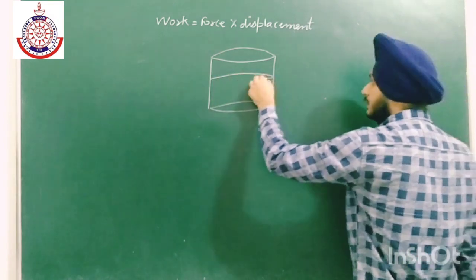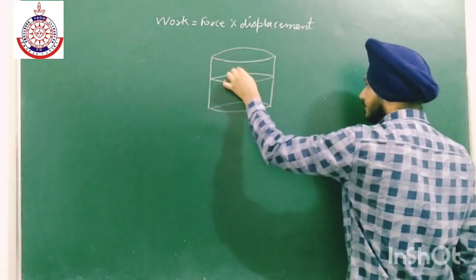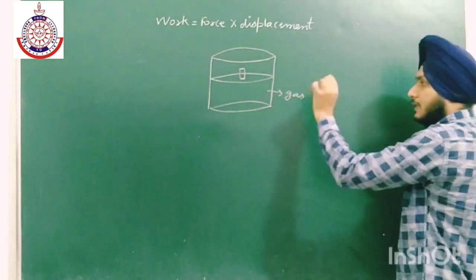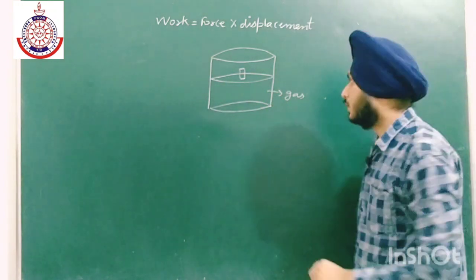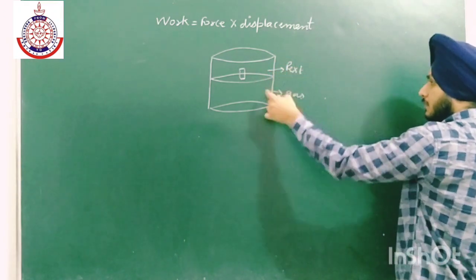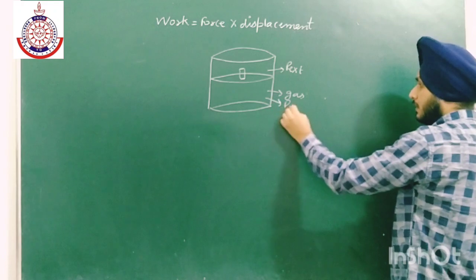So I am taking a piston over here, and here we have the gas, and this is the whole system. Here we have P external and here we have P internal.